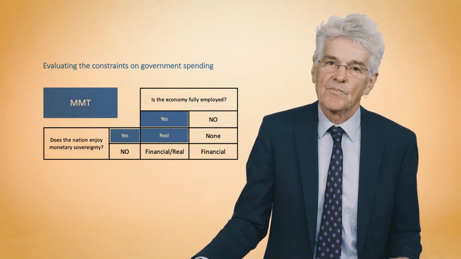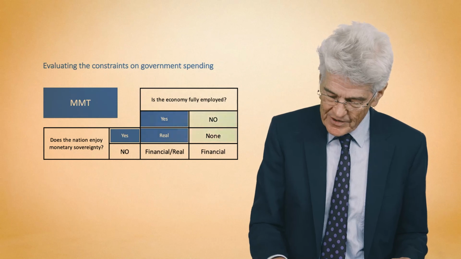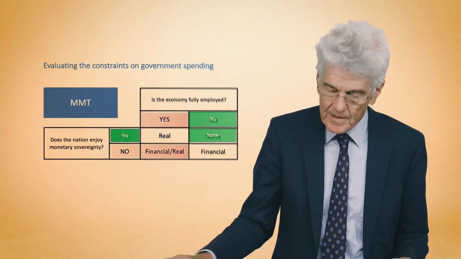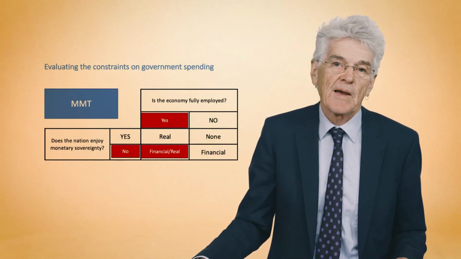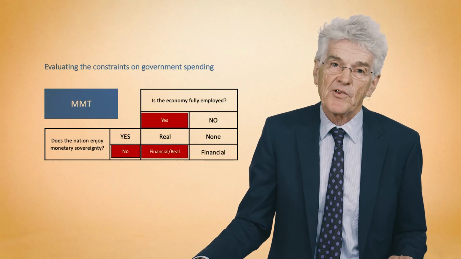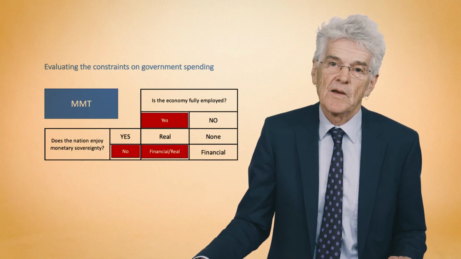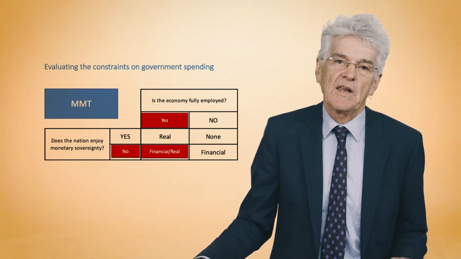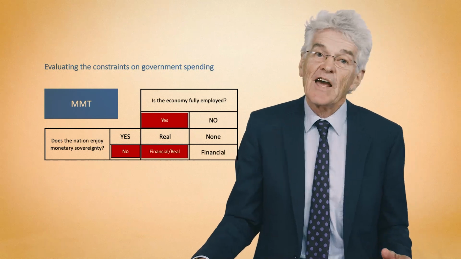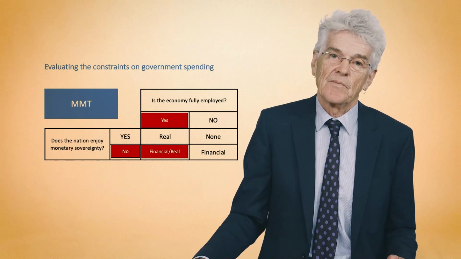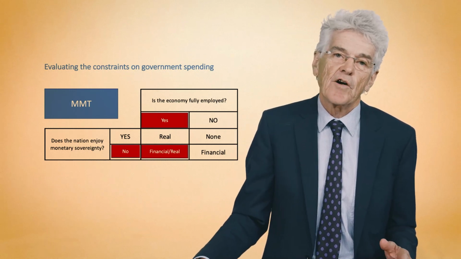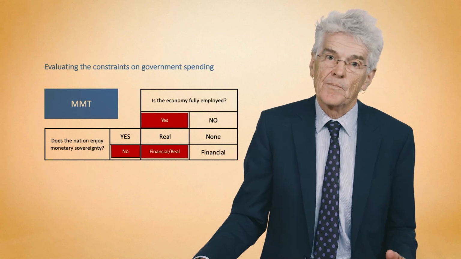Now, take another example, and this is, for example, one of the 19 member states of the Eurozone, because they aren't sovereign in their currency, because they don't have their own currencies any longer. They use a euro, which is a foreign currency to them.